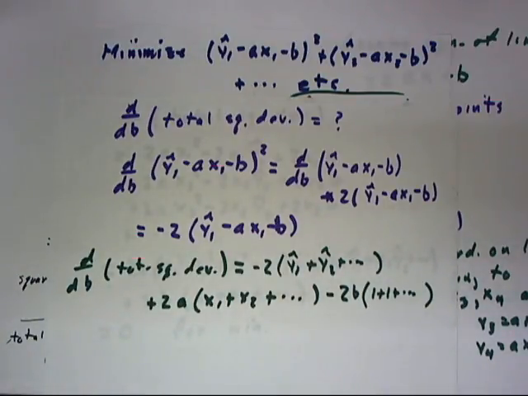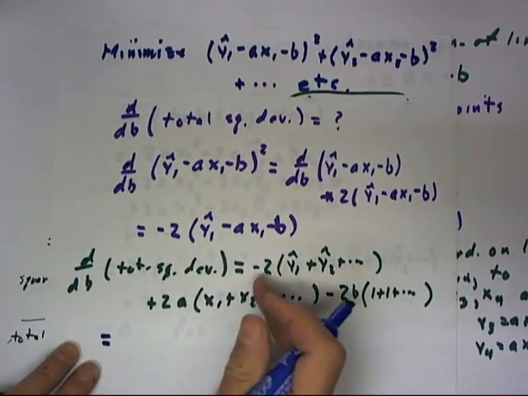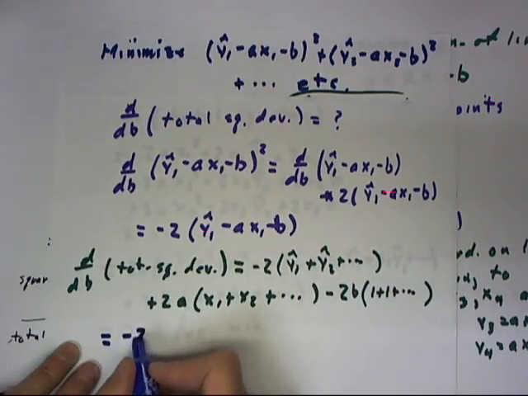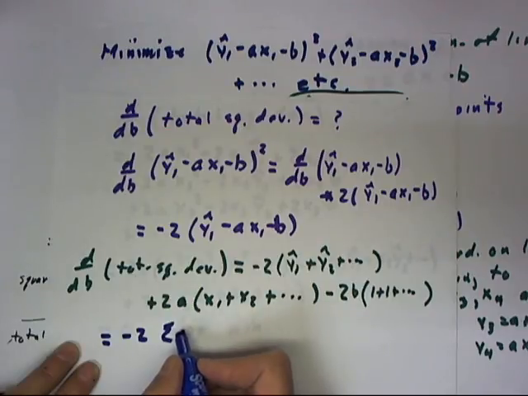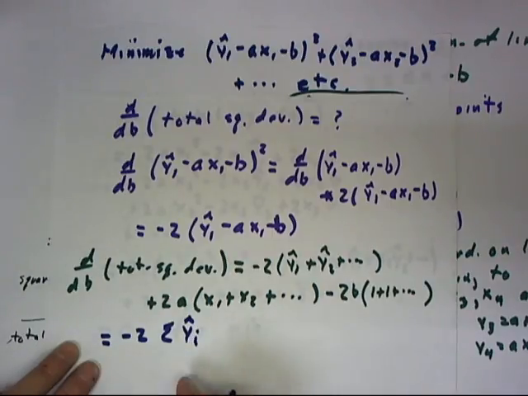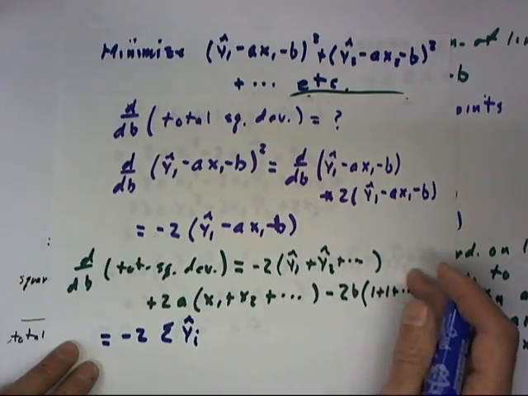Now I'm going to take the liberty to write this out in summation notation. This is -2 times what you get when you add up all your y's. That's -2 then times the sum of your y hat values. Now I'm going to call those y sub i, where i is the index. It runs from 1 to whatever your number of data points is.